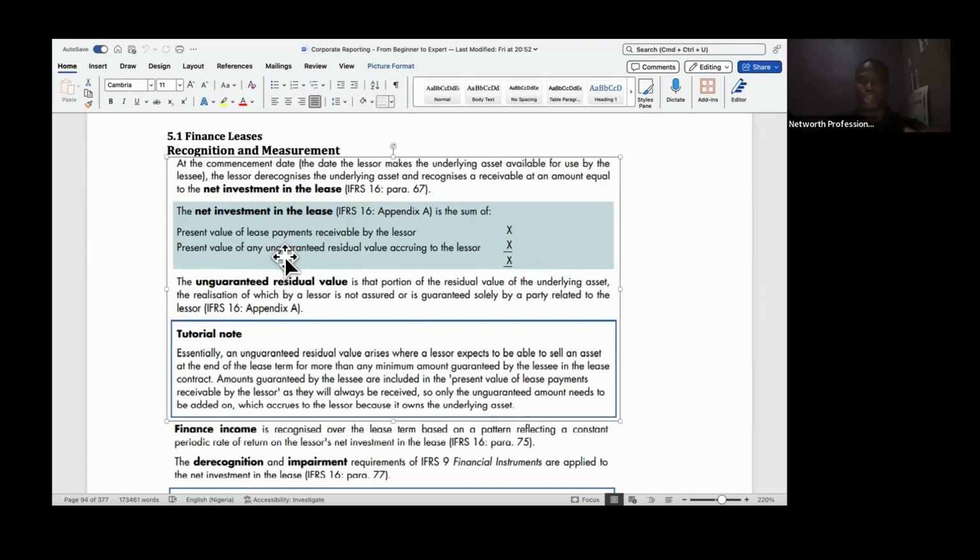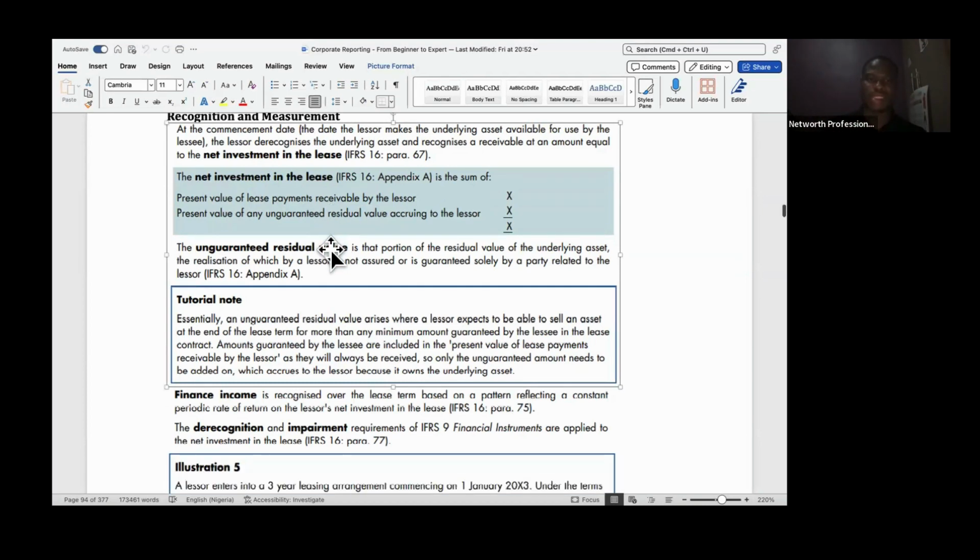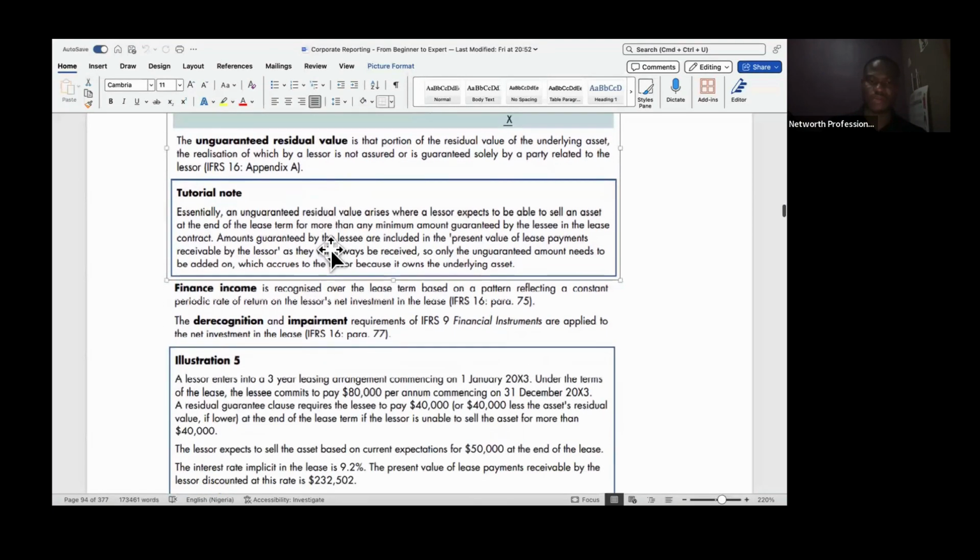So when we are getting the value today, that's when we need to get the present value. It's a portion of the residual value that the lessee has refused to guarantee, but the lessor believes he will get it. And that is at the beginning of the year.